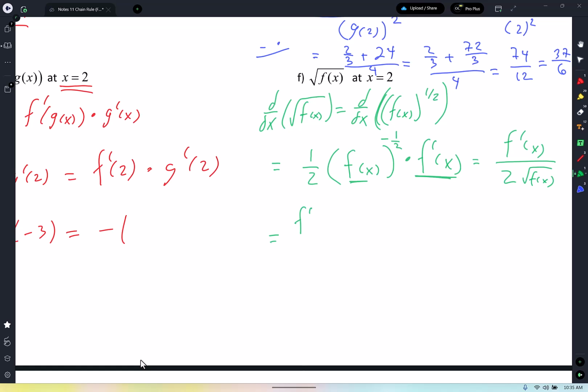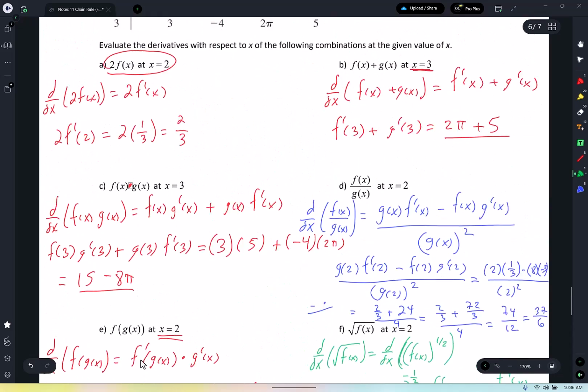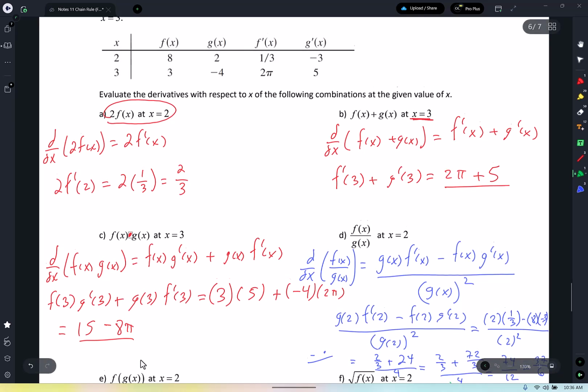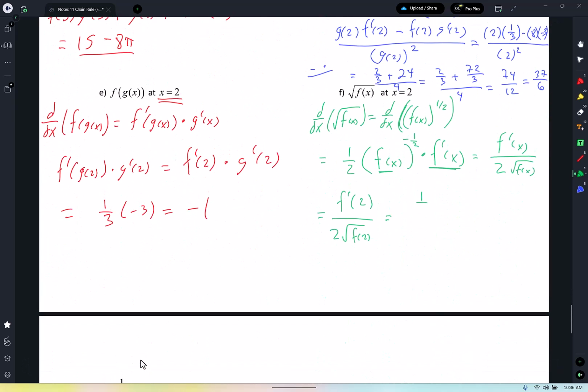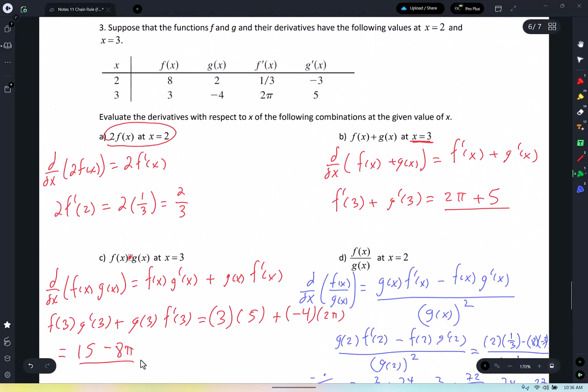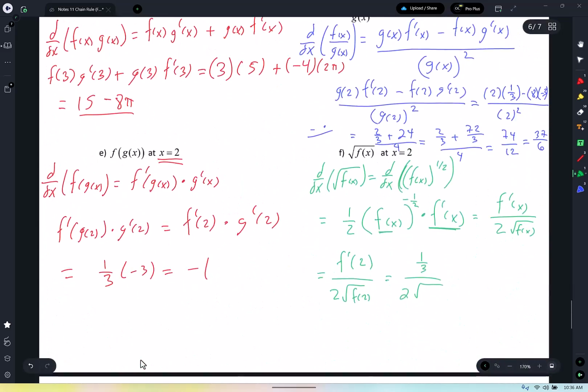F prime of 2 over 2 square root of f of 2. So go to your table. What's f prime of 2? 1/3 over 2 square root. What was f of 2? 8.